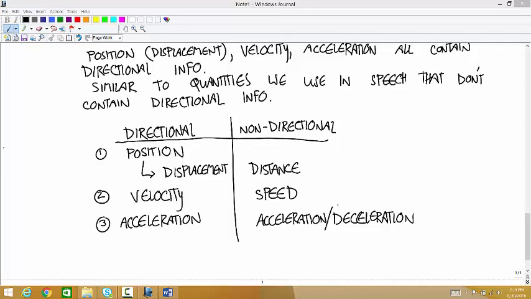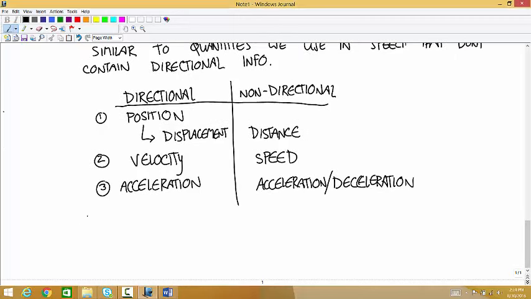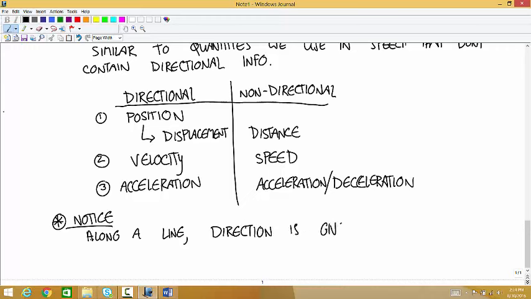Okay. With the directional quantities, this is an important thing to associate with these. Along a line, the direction is given by the sign.